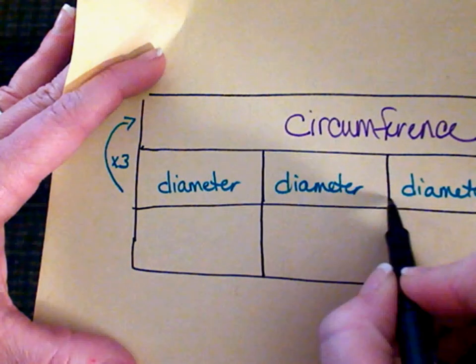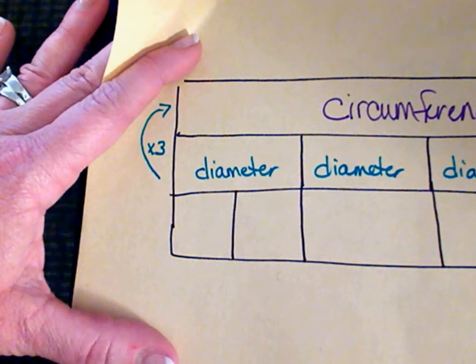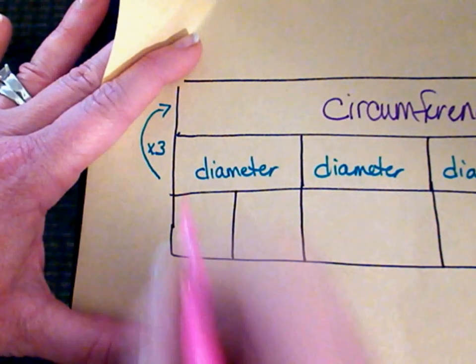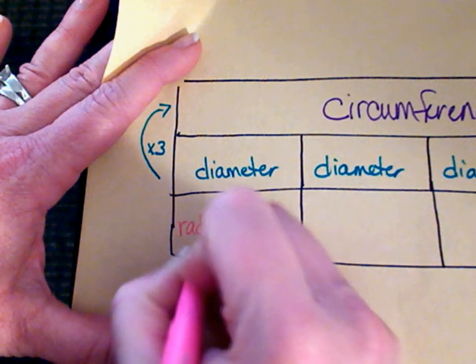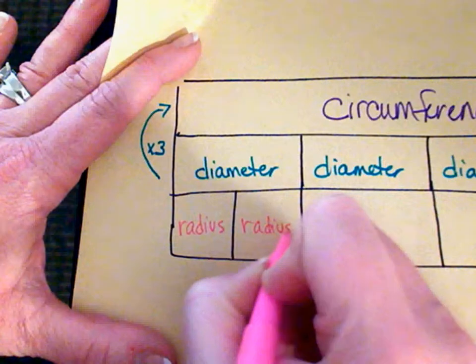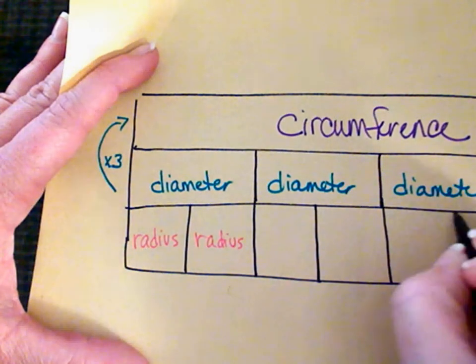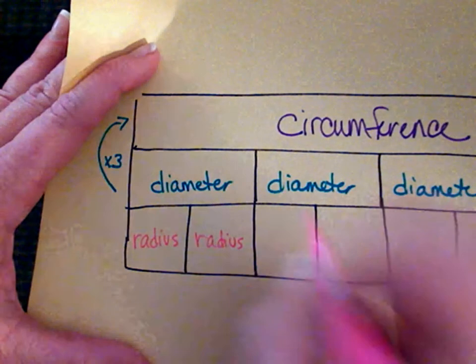Well, then we looked at radius and we thought, okay, there is a pattern there as well. I know that half of the diameter is 1 radius. It takes 6 to get my full circumference.